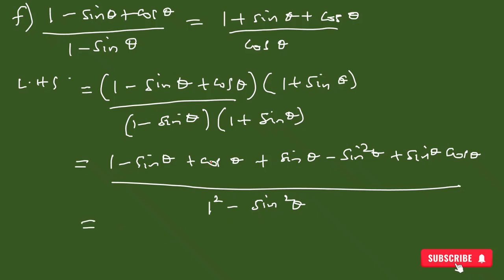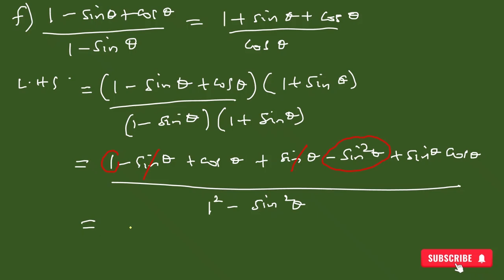And we can see that this sine goes with this. And if I take this one and this negative sine squared theta, using the other identity that relates cos and sine, 1 minus sine squared theta is the same as cos squared theta. Okay, so let's rewrite.